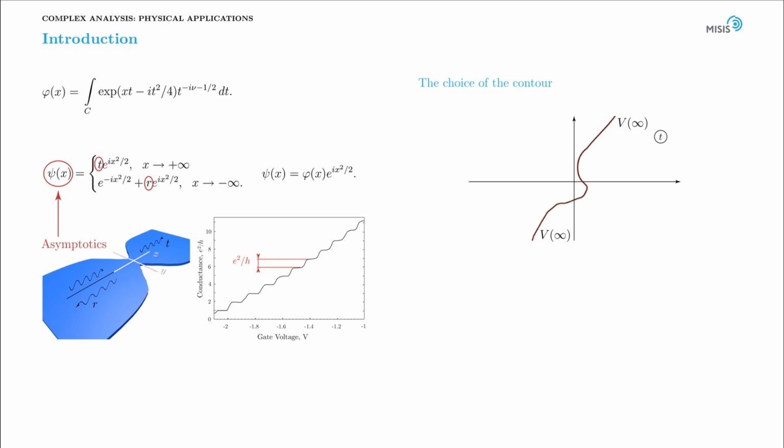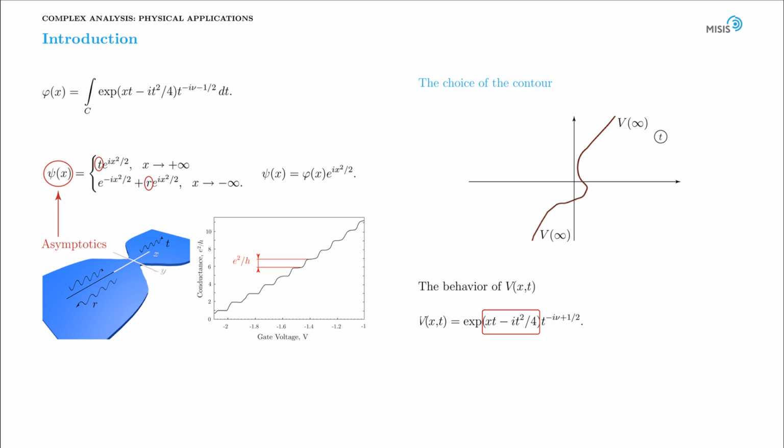This requirement usually outlines the approximate position of the contour. In fact, in most cases, it's easy to find the points at which v function simply vanishes. So let's explore the most significant terms entering v function. Obviously, it is an exponential factor. Therefore, the behavior of its exponent at infinity is crucial.